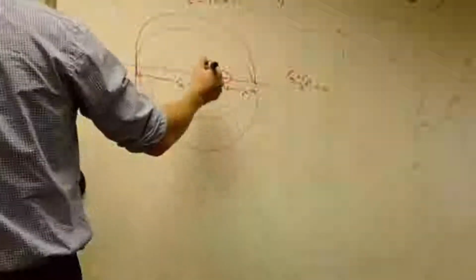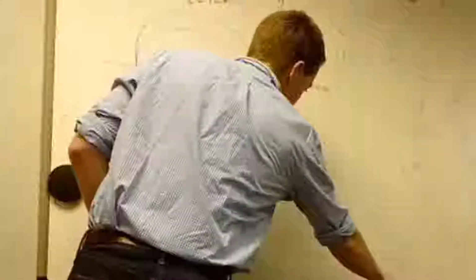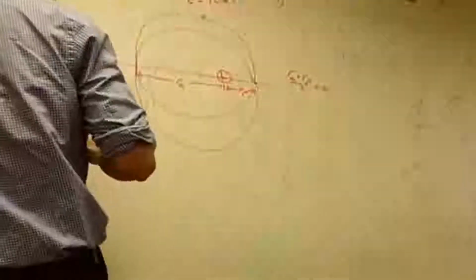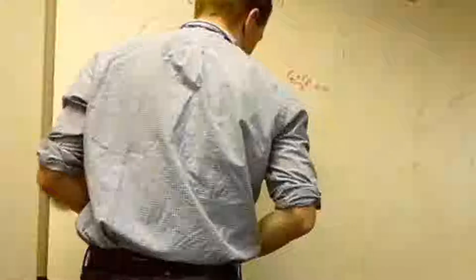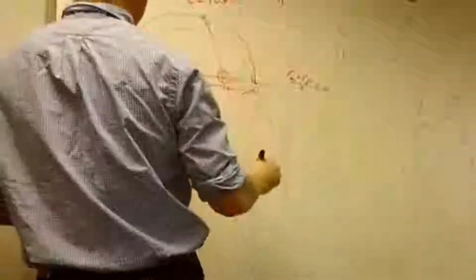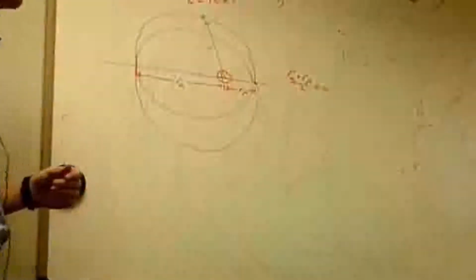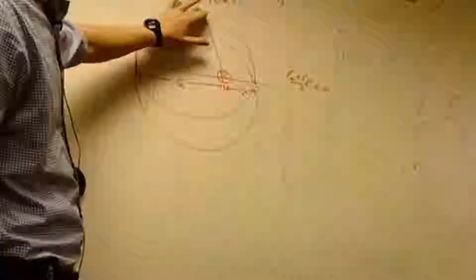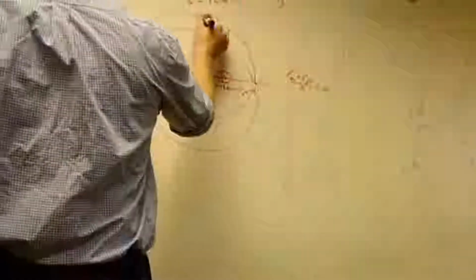So if we have some satellite here, well, focus, that's our radius to it at that point. Oh, excuse me. It shouldn't be on the circle. Sorry, guys.